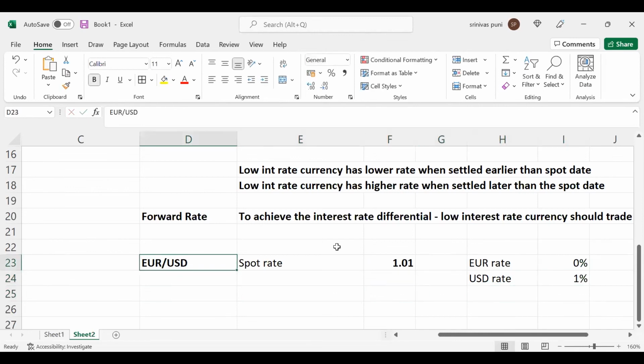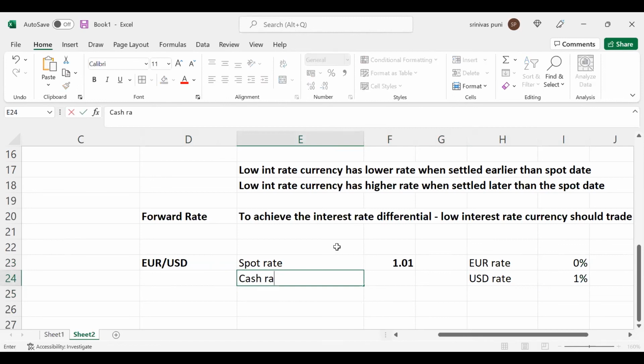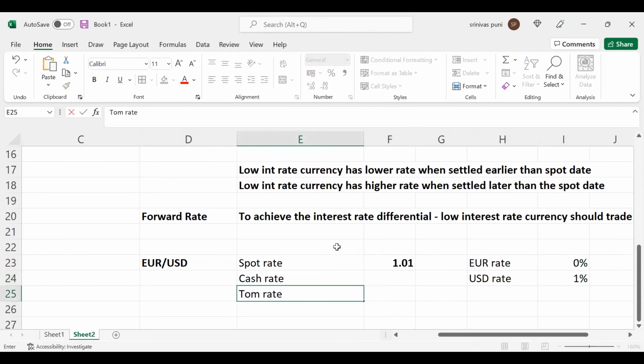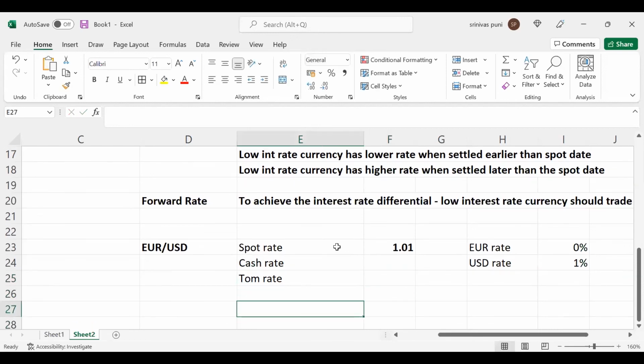Now tell me, what will be the cash rate? The number is not what I want. I want whether the cash rate and the term rate are lower or higher than the spot rate. Then also tell me what the forward rate will be, assuming the same interest rates, 0% for euro and 1% for dollar. Cash rate and term rate, will they be lower or higher?